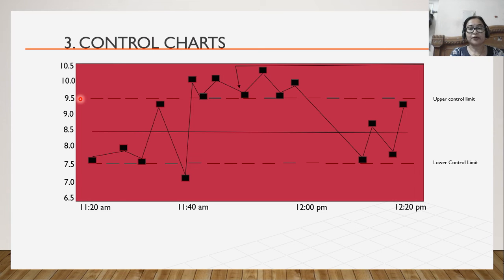The value of 9.5 will be known as the upper control limit, and the solid line at 8.5 will be the mean, that is, the average of all the apparatus created through my process.